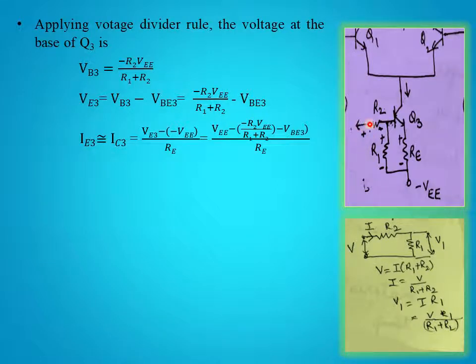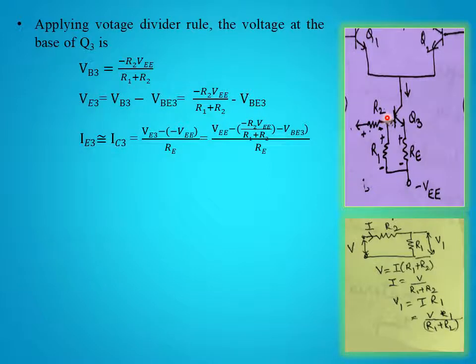We have taken this loop: R2, then R1, then VEE, and ground. This is the total V as shown here, and we have to calculate VB3, the potential at the base of the transistor Q3, with respect to ground.